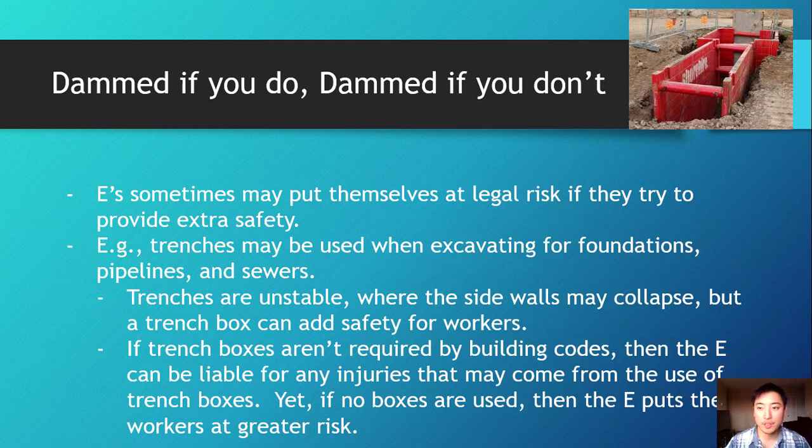The picture on this slide shows a trench dug into the ground. Trenches are unstable, where the side walls may collapse. If there are workers inside the trench, that's going to lead to problems, and workers can die. However, if you add in a trench box, which is the thing in red that you see inside the trench, that can add a significant amount of safety for the workers.